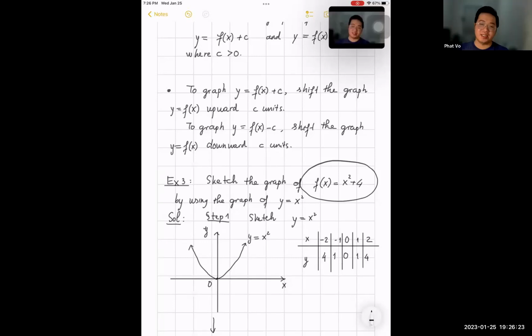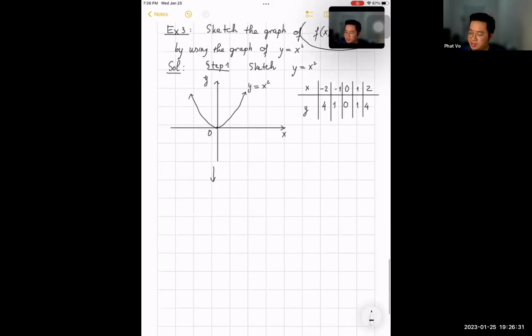Yeah, move up, because here the function is plus 4. It's a plus, so you will move up 4 units. 1, 2, 3, 4. So the graph of the function is like this.